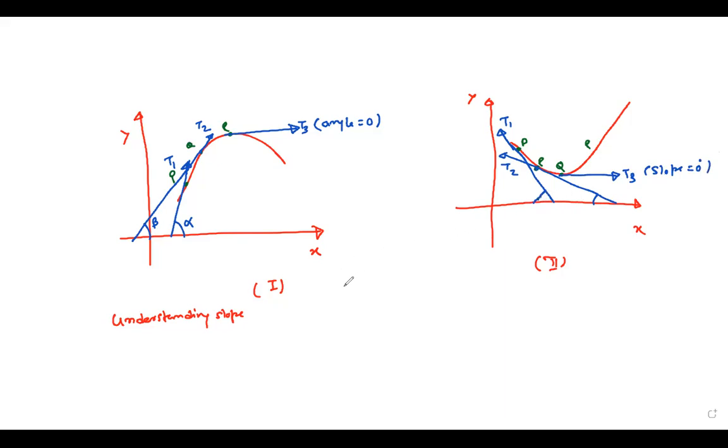Now let us try to understand the first curve first. You can see that the value of alpha is greater than beta, and beta is greater than the tangent at 3, which is 0.